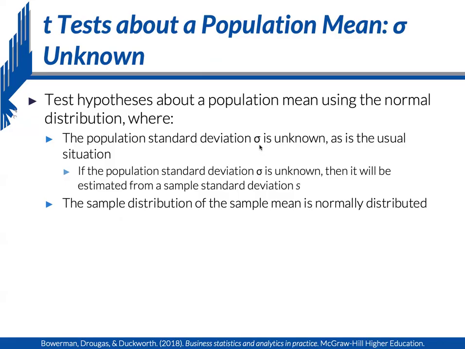The t-test for the population mean is the test that is appropriate in cases wherein the population standard deviation is unknown, which is more usual. So this is a more common experience because in most cases, aside from the population mean, we also don't know the population standard deviation. And therefore, a more appropriate test would be a t-test for the population mean.